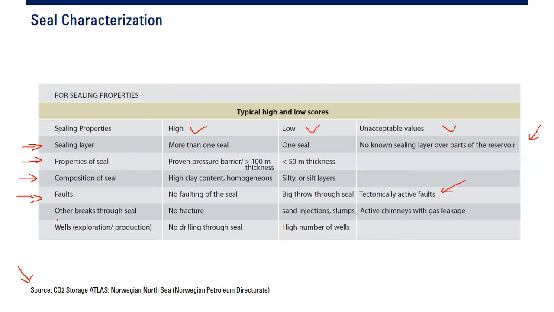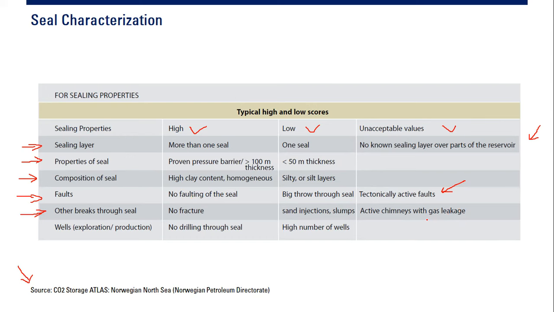And then other breaks through the seal, like fractures, for example. If you have no fractures, then of course it is a good barrier, good sealing properties, good cap rock. But if you have fractures, sand injections, or slumps in the seal itself, then it's considered poor seal properties. But if there are active chimneys with gas leakage, then it's a no-brainer. It's not a good seal at all.